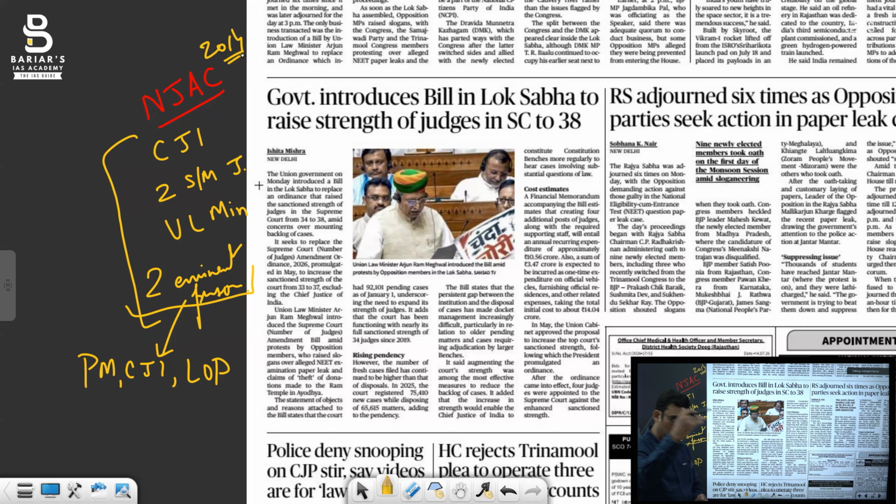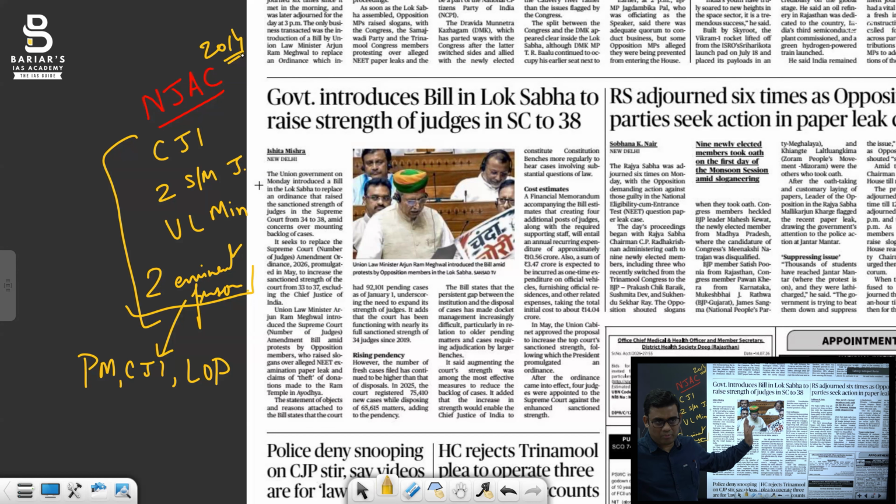Okay, understood? So I'll reiterate. Through first judge's case, parliament has the power. Second judge's case is where CJI has the power, and CJI in consultation with 2 senior most Supreme Court judges. Okay, 3 member group. Then third judge's case, which is mainly about the collegium system, which is CJI plus 4 senior most judges.